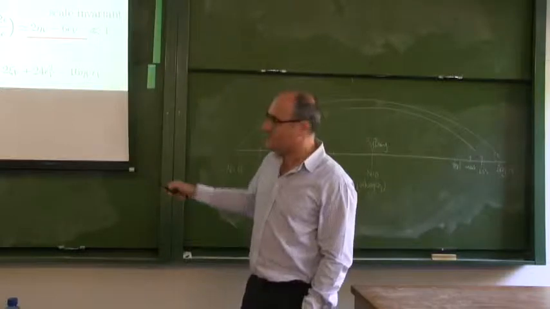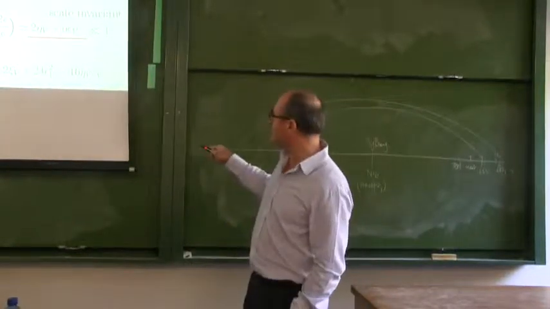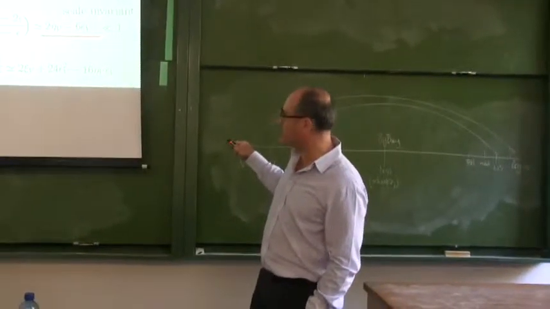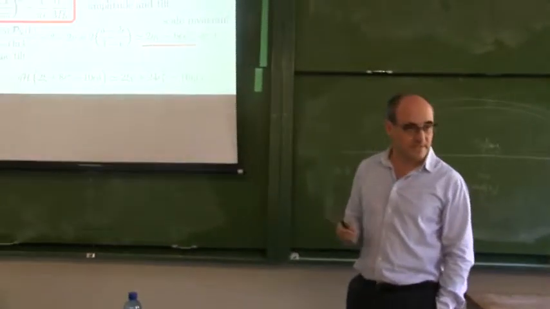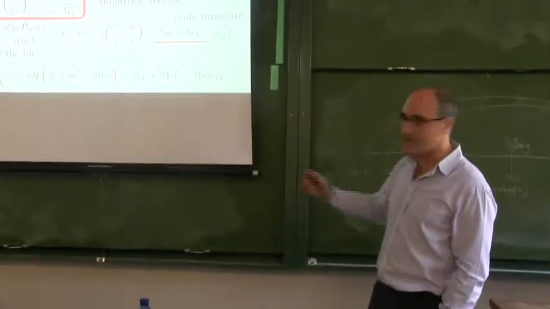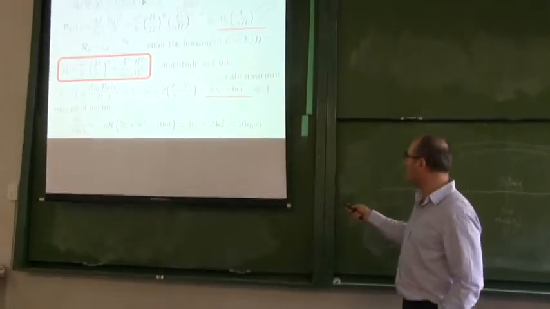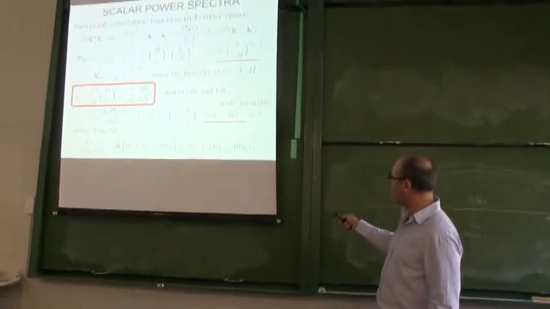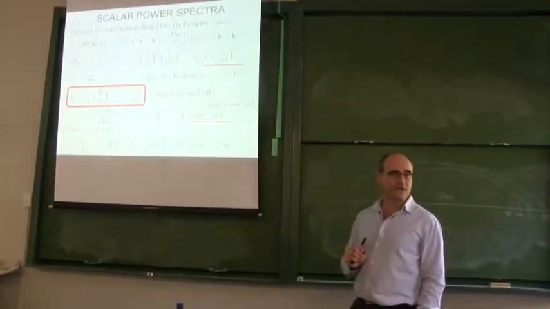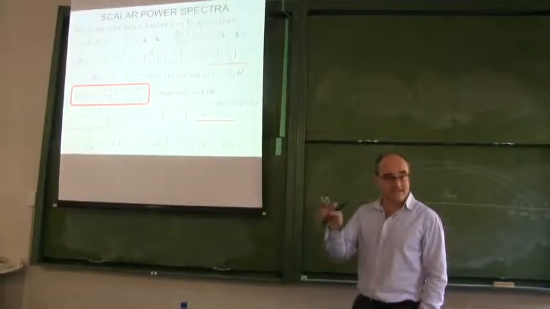Now, the reason why this spectral index is so close to 1 is because during inflation, these two quantities are tiny, of the order of a few percent. That's why we measure today n_s to be 1 within 4%. It's quite interesting that there are many models that predict these quantities are small, but which one of them is correct is still under question.